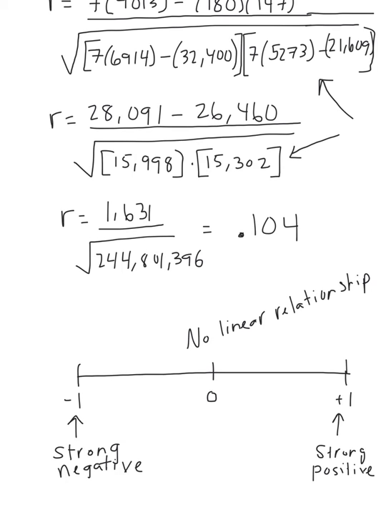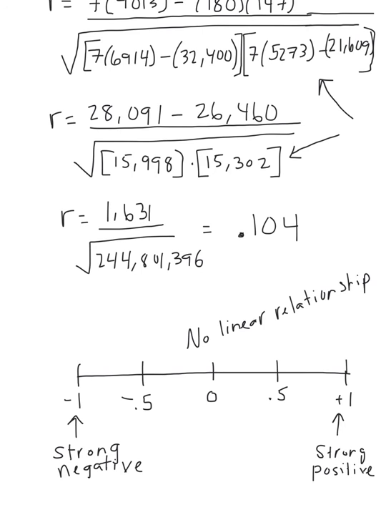If it's 0.5, then it's going to be a moderately positive linear relationship. If it's negative 0.5, it's going to be a moderately negative linear relationship. And the closer and closer it gets to 0, the weaker the relationship.